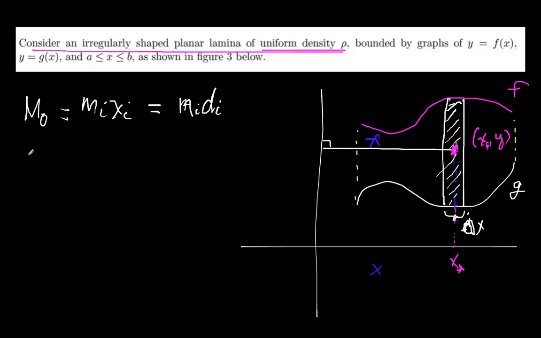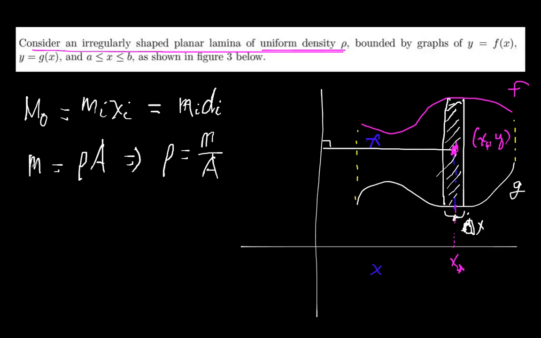We know that the mass is equal to the density times the area, because we know that the density is equal to mass over area in our lamina, correct? But in physics, it's mass over volume. Since we're just talking about the area here, we're going to use area.